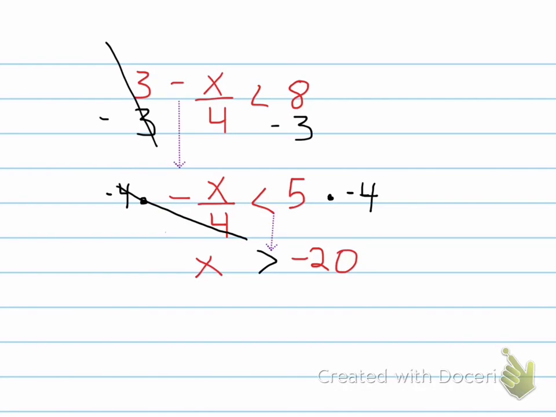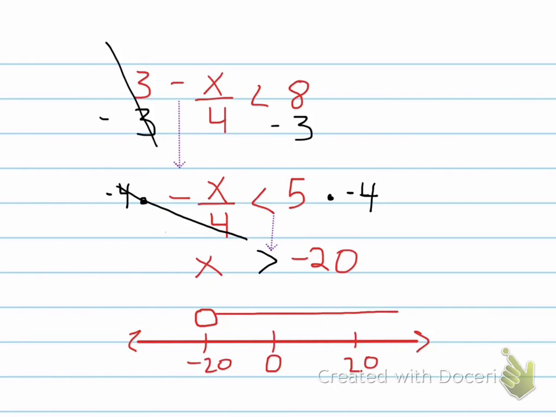So let's graph this. Make your number line, and you can make it go up by whatever you want. So I'll make it go 0, negative 20, 20, and it's greater than. So this is an open circle, and all the numbers bigger. Alright, I'll pause here.